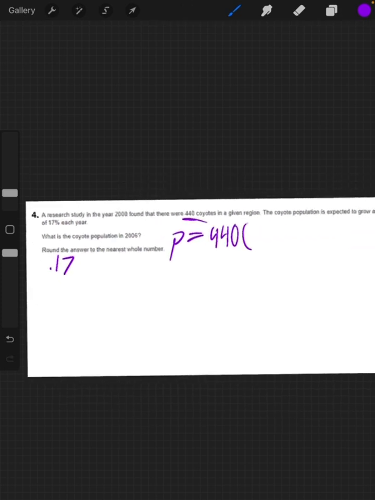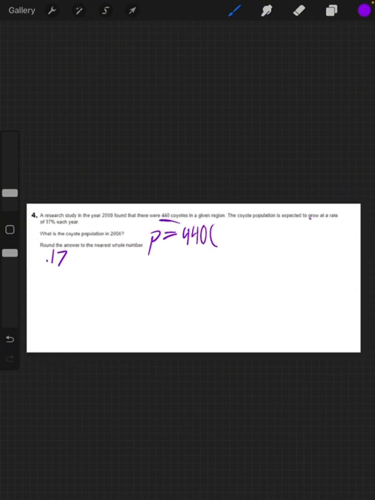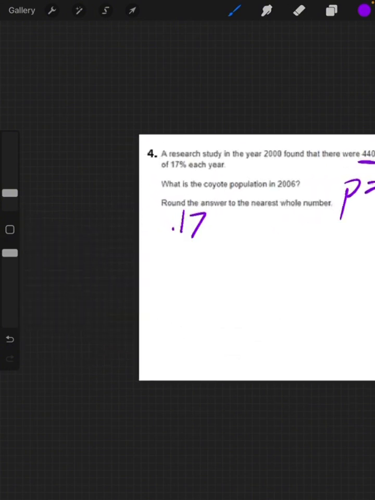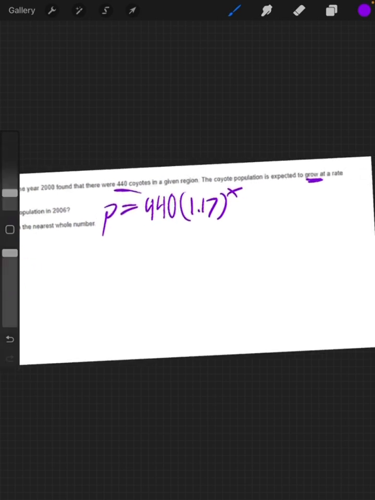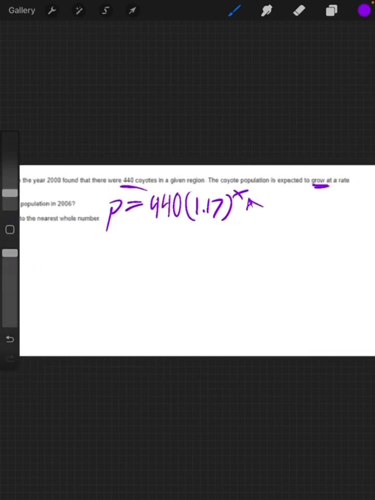But it says here that we are growing, so in order for our equation to actually show growth, we have to add a 1 to it, making it 1.17. So we're multiplying 440 times 1.17, and then to the power of years.